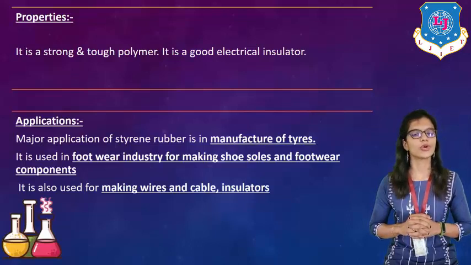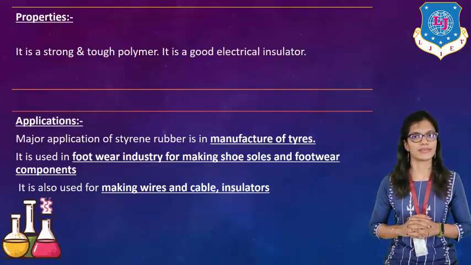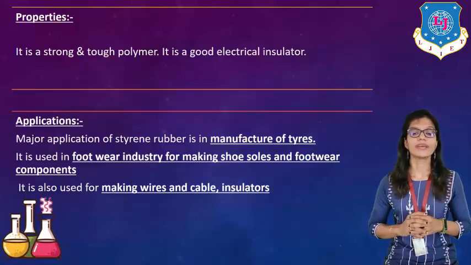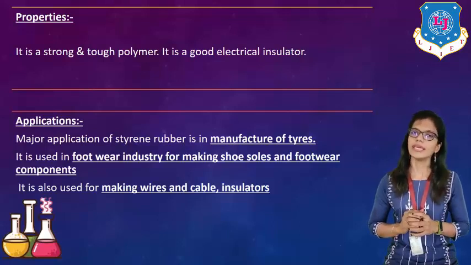The major application of styrene rubber is in the manufacture of tires. It is used in the footwear industry for making shoe soles and footwear components. It is also used for making wires and cables.